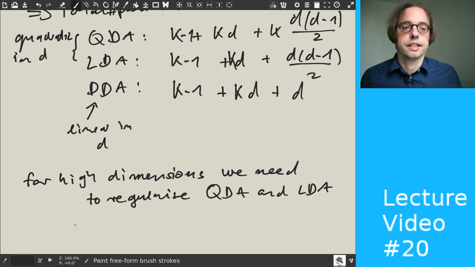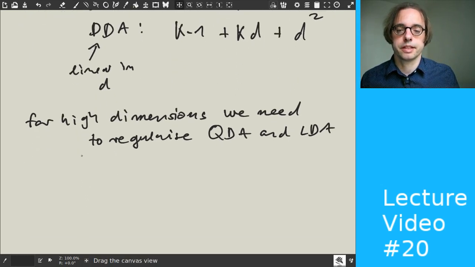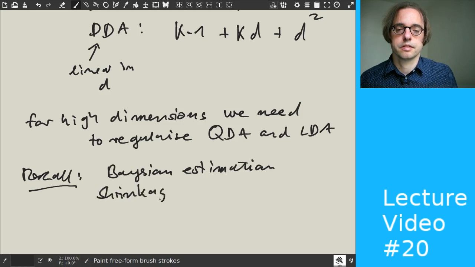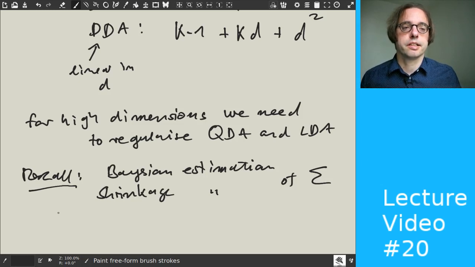And in the earlier discussion, when we discussed estimating the covariance matrix, recall Bayesian estimation or shrinkage estimation of the covariance matrix sigma, and this is where this comes in now.